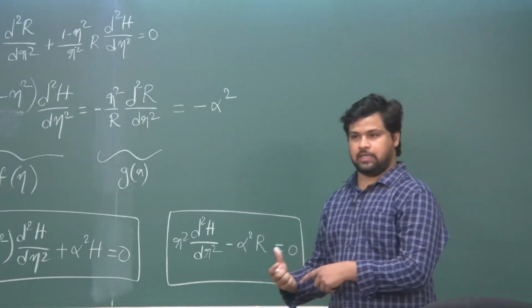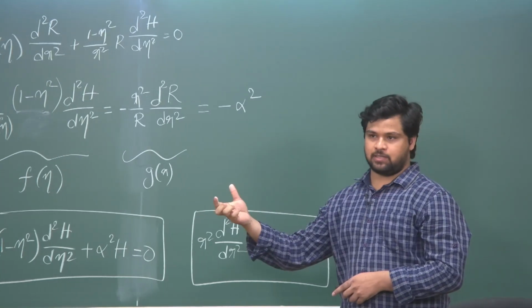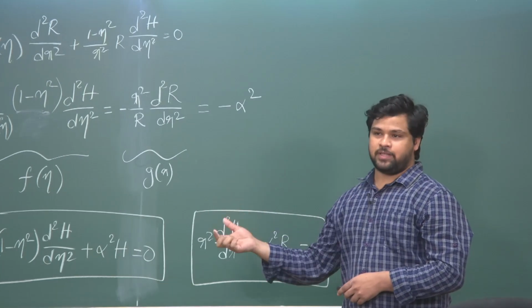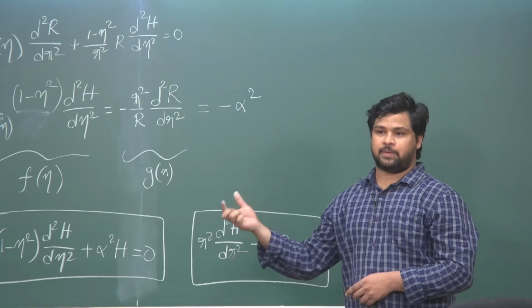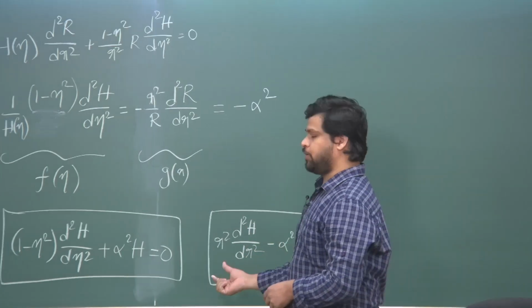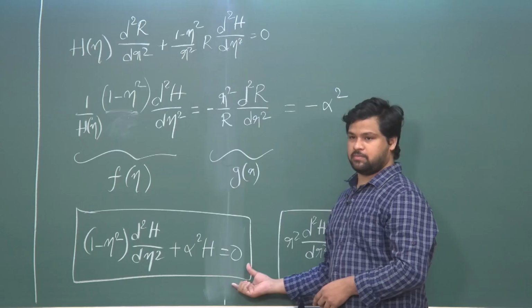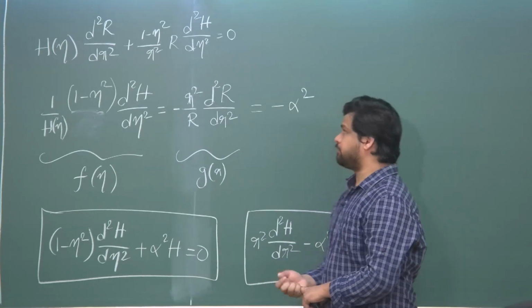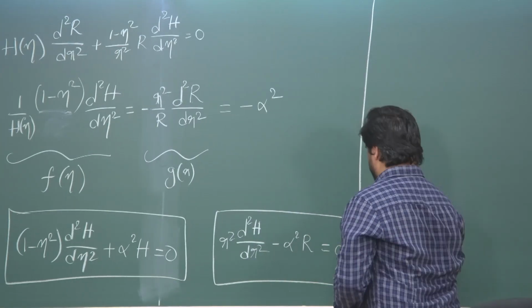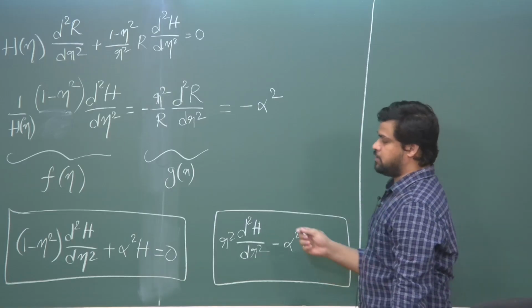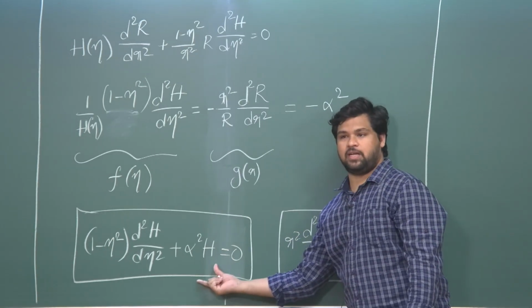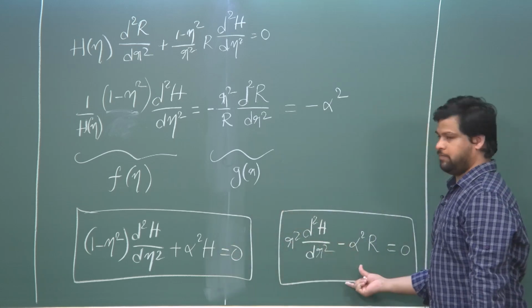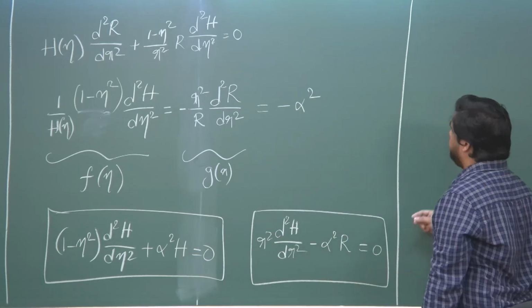So what we have done till now is, we have a partial differential equation, we used the method of separation of variables, and we converted that partial differential equation into two ordinary differential equations. Clear everyone? Now we will first solve this equation and find the eigenvalue, and then we will solve the other equation.